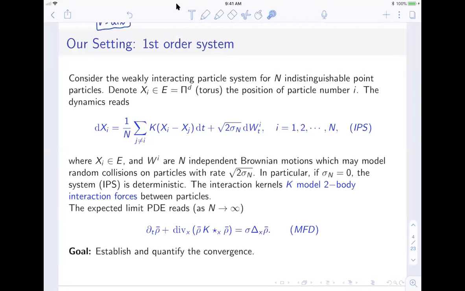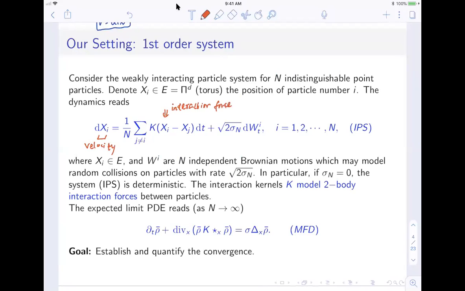Instead of the previous Newton dynamics, this term is velocity. So velocity is directly given by the interaction force, instead of acceleration. So now velocity given by interaction force is a first order system.